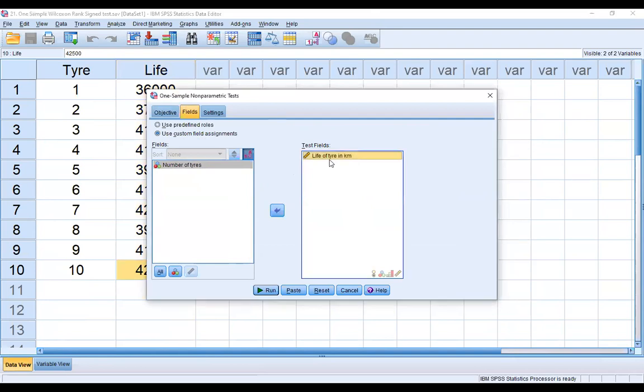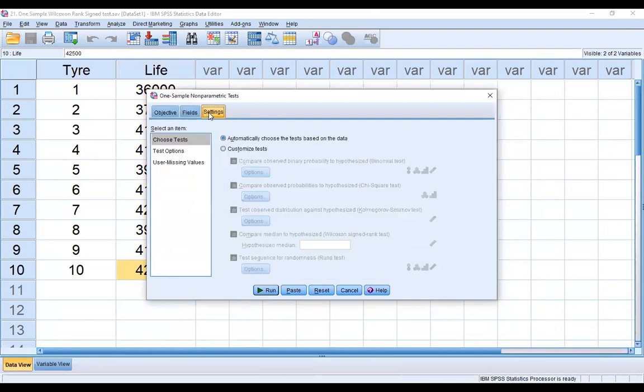Now I have transferred it, and after transfer, settings, customize test. I am ticking customize test and the Wilcoxon signed rank test, comparing median to hypothesized median.